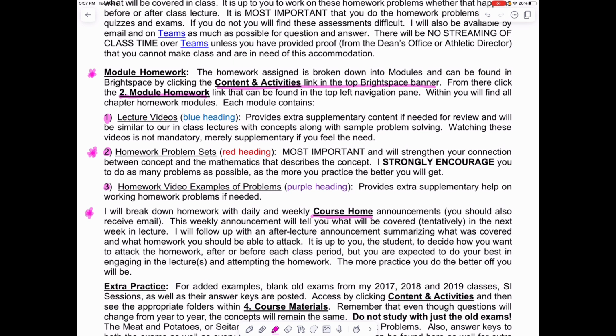Again, I'll say it more and more often: the more of this homework you do, the better. The more practice you do, the better off you will be come test time. And make sure that you can do these on your own.